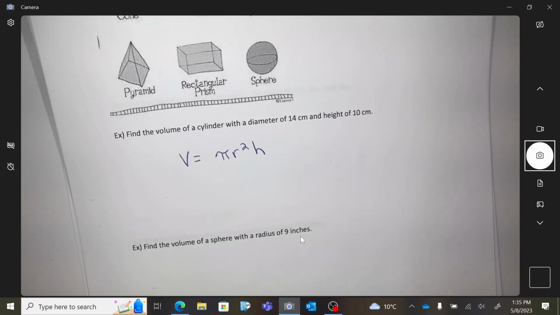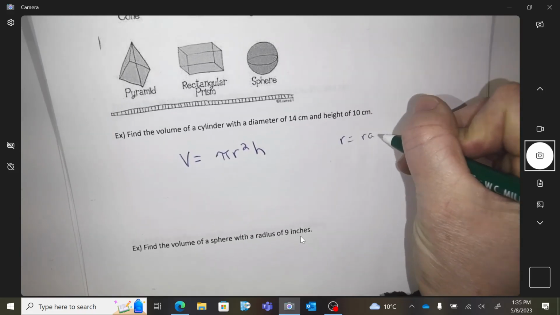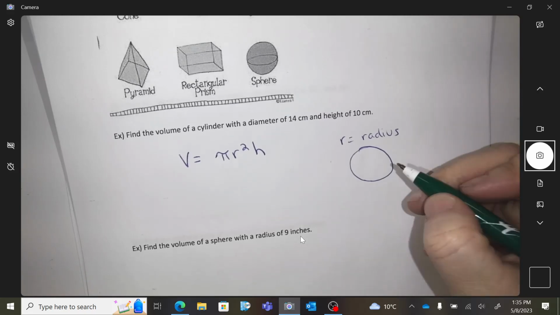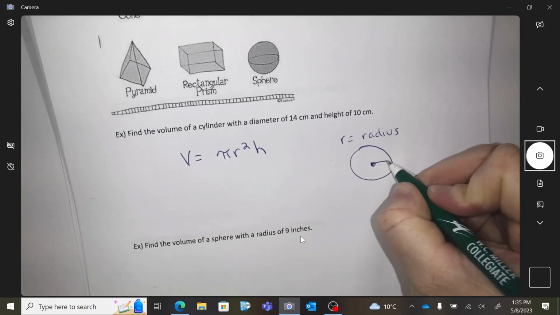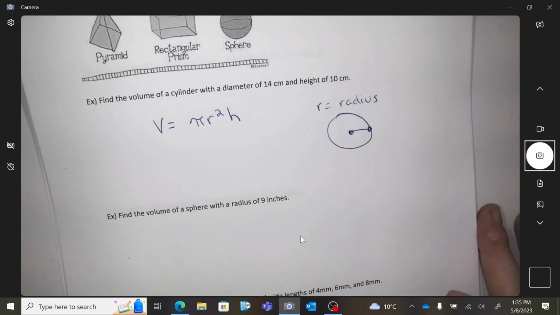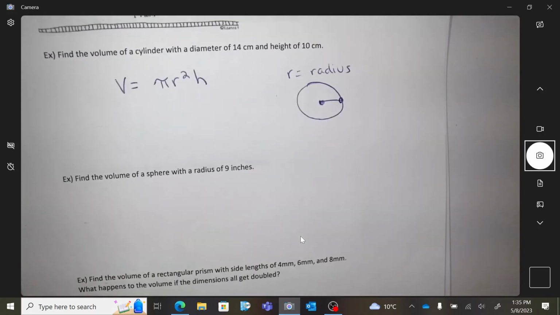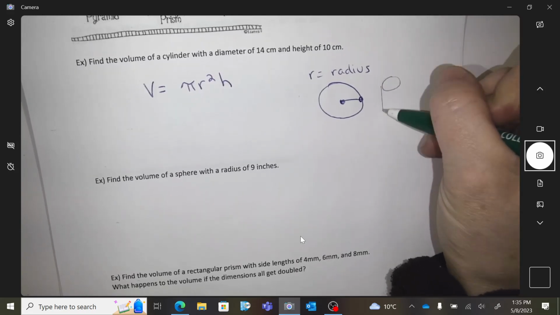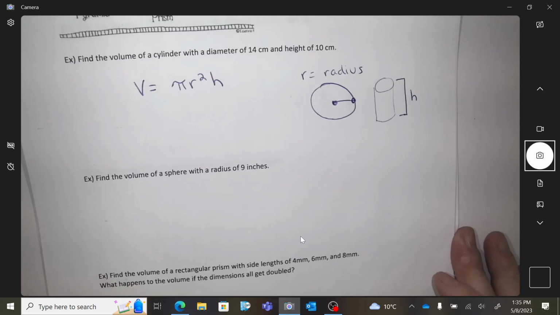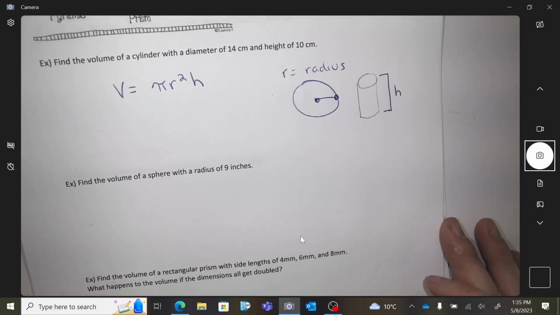R, what does R talk about? Radius. Do you understand what a radius is? It's that, right? It's the half. And the height. So height would look like that on a cylinder.